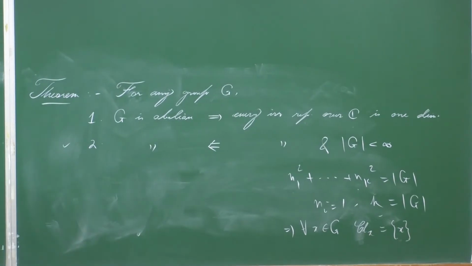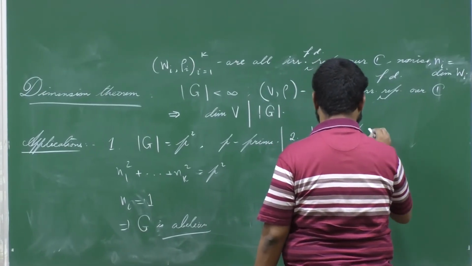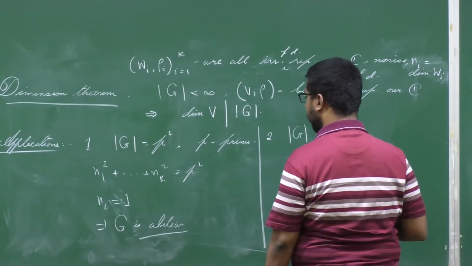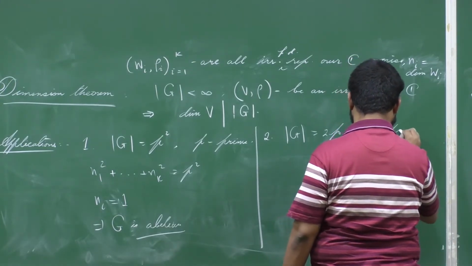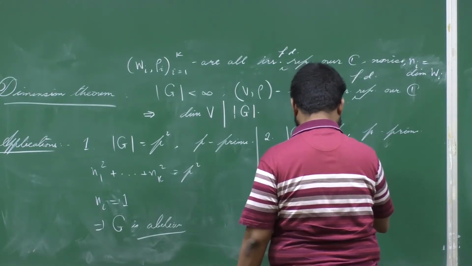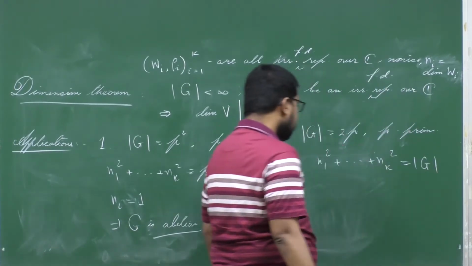So let me do it here. Let me consider this case, where the order of G is 2p, with p a prime. So as expected, we have this scenario.